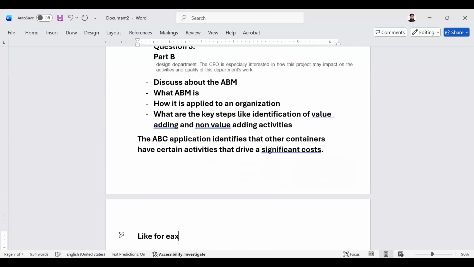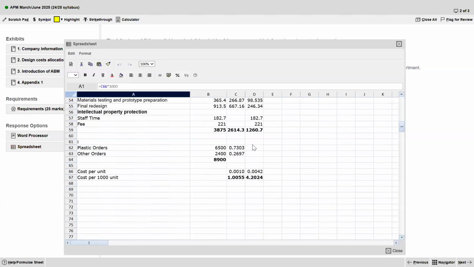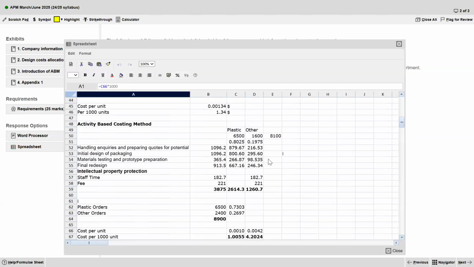Like for example, if you look at this scenario, so you could actually see this is the sum of these two.